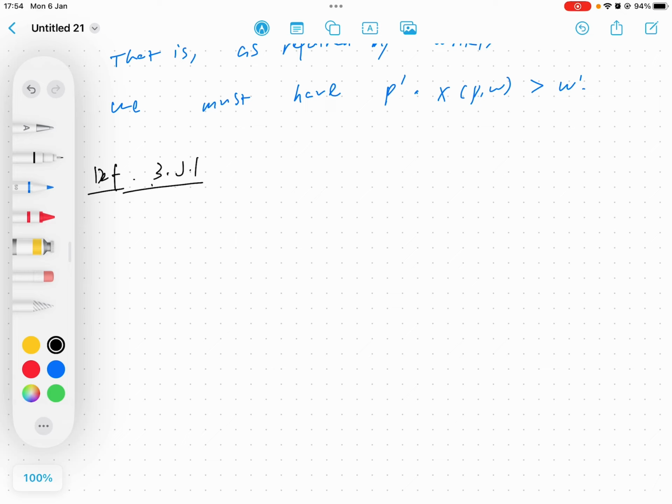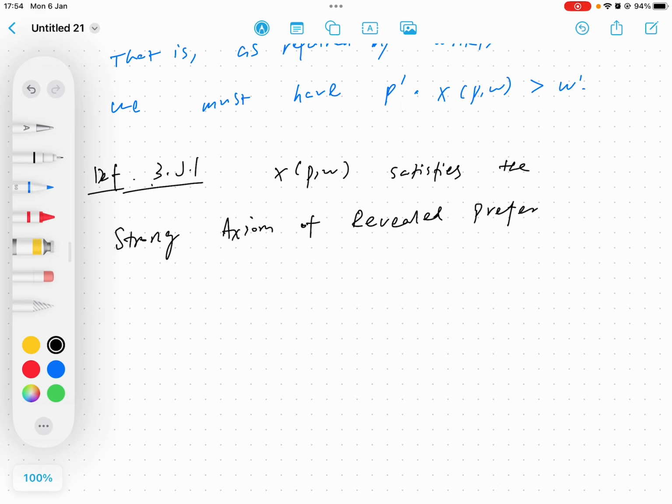We say that the Walrasian demand function x(p, w) satisfies the strong axiom of revealed preference, SARP.